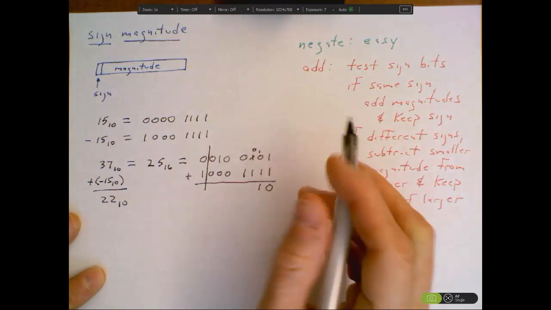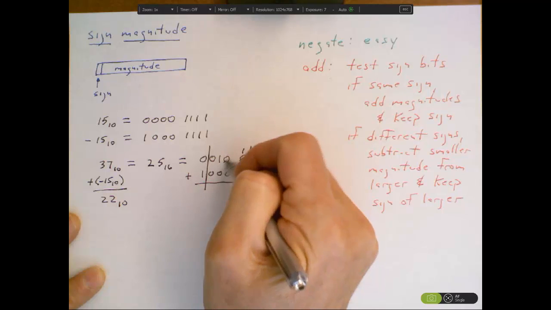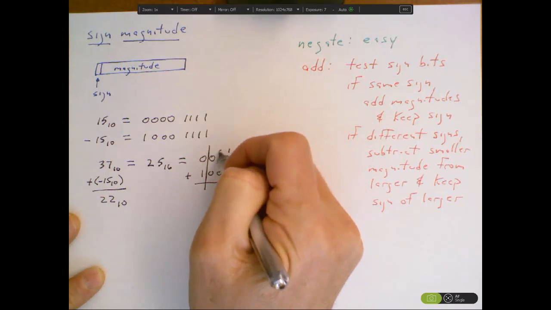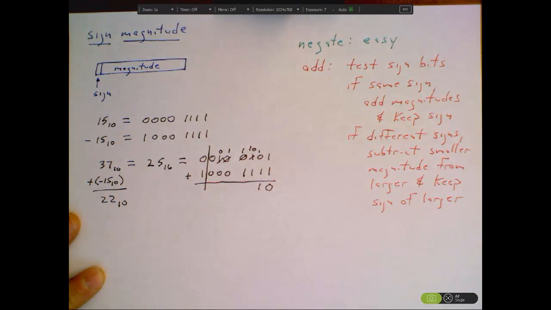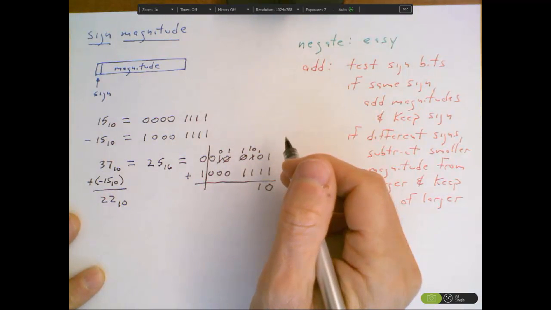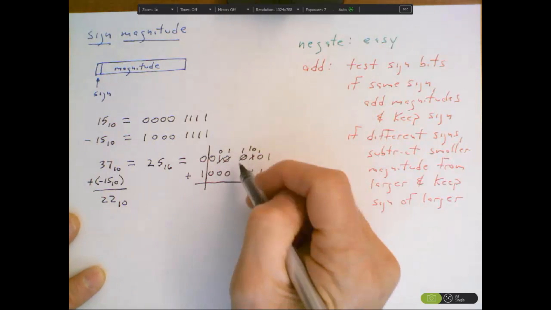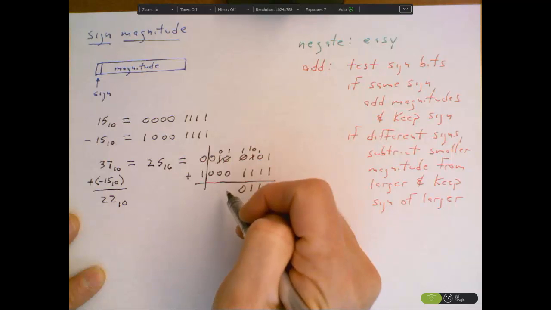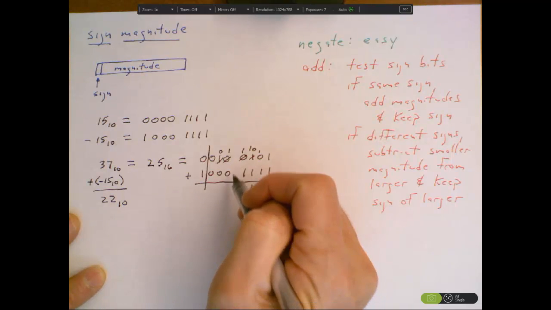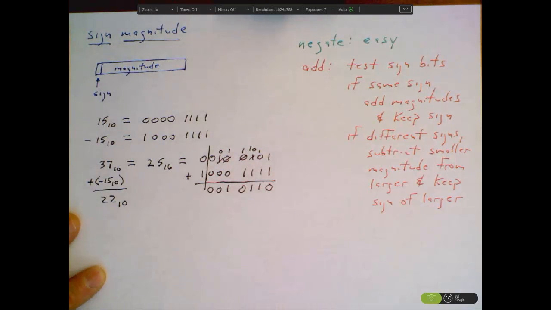Okay, I've got a 0 here. I've got to borrow again. And that means I've got to borrow all the way across to here in the left. So now I've got 10 minus 1 is 1, I guess. 1 minus 1 is 0. 1, 0, 0.